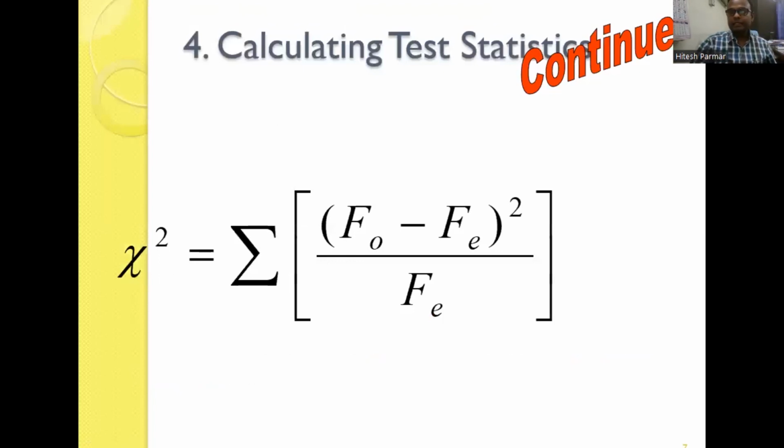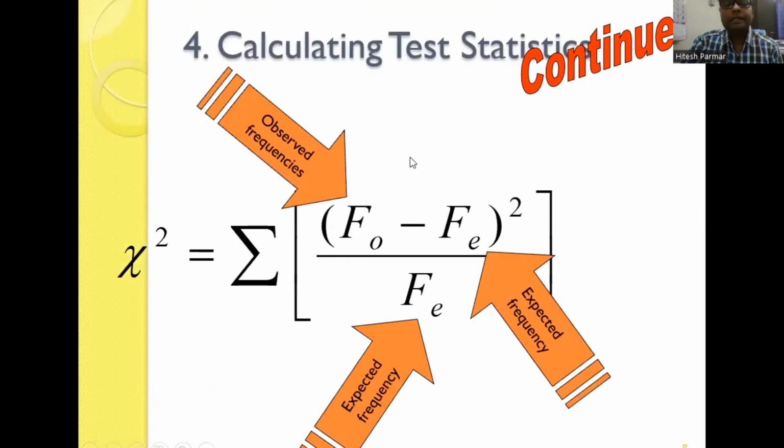What is the equation that we will be applying for a chi-square test? To calculate the chi-square, we have this equation. The symbol chi-square is equal to sigma, where Fo is our observed frequency and Fe is our expected frequency. So Fo minus Fe whole squared, divided by the expected count, is our calculated value of chi-square.